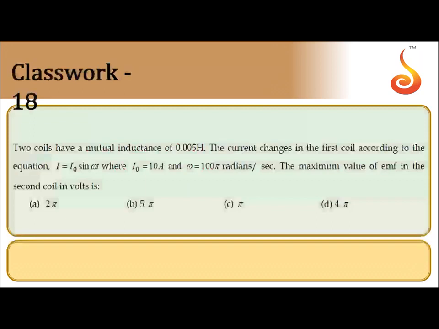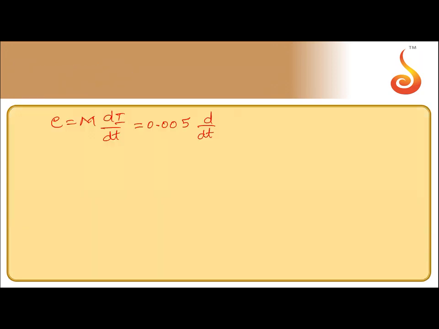So, we know that induced EMF is M into di by dt. So, substitute for this, M is 0.005 into d by dt of I naught, they have given, it is 10 ampere. So, I can write it as 10 sin omega t.